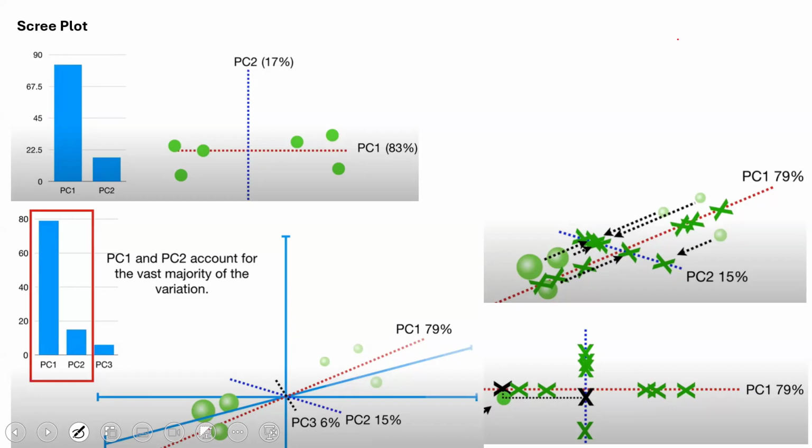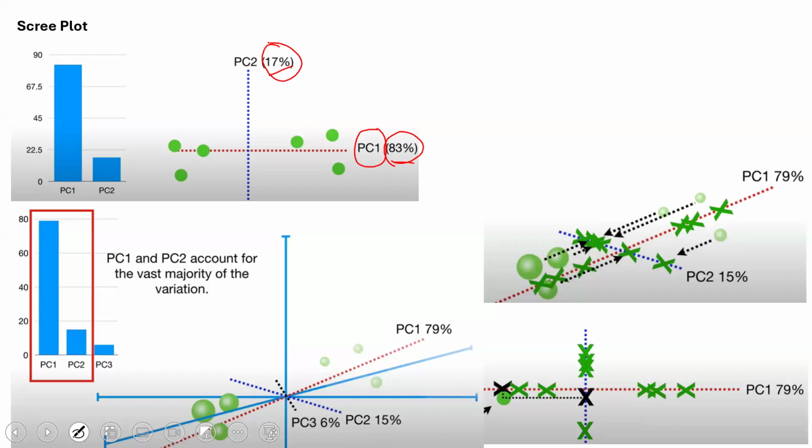Let's not bother about these numbers, 83 and 17. I'll come back to this, but just take them as an example. Let's suppose principal component PC1 has covered 83% of the information, or variance, in the data. PC2 has 17% variance in the data.